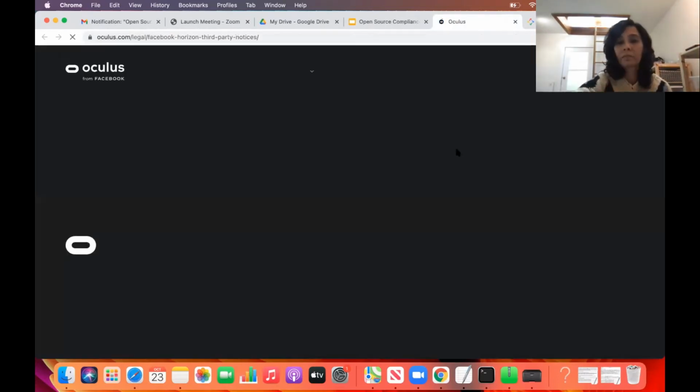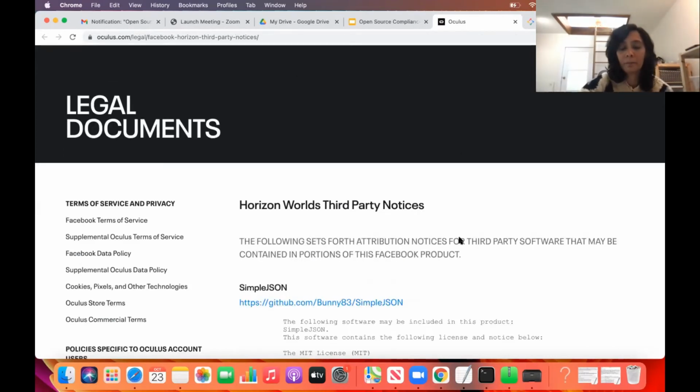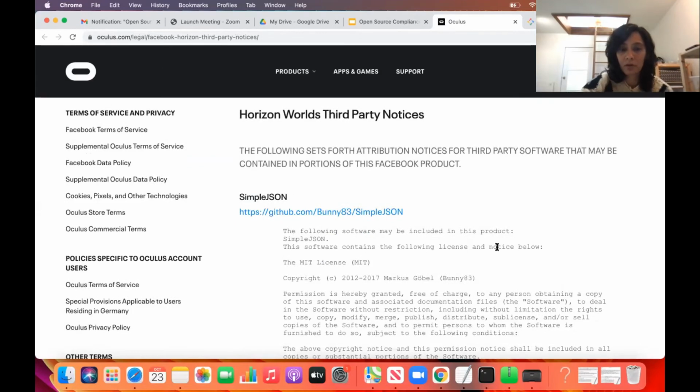So this is one of the Oculus products, right? And you can see that there is a notice here. And this is what an attribution for open source usage looks like, right?